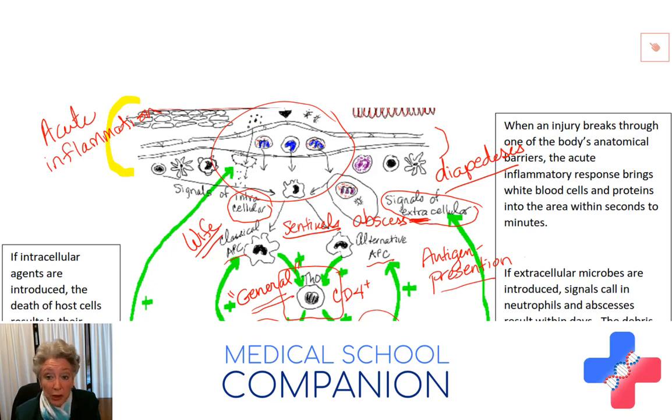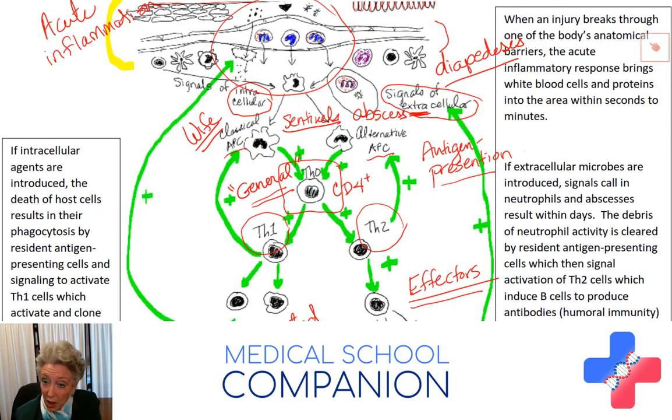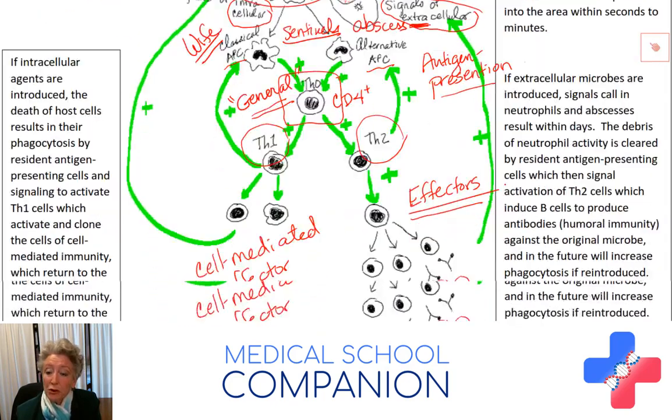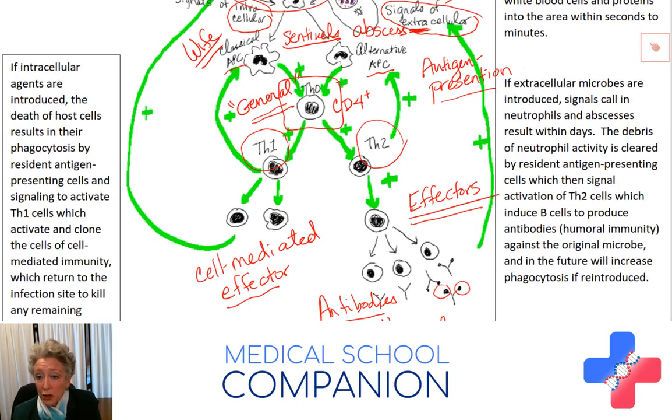My phagocytes will eat as much as they can, and those who are capable of antigen presentation will send the message downstream to a T helper cell, who then becomes the source of all of the marshaling of the soldiers and the sailors and so forth, who will then come into the area and attempt to do their best to clean that material out of your body, whether it was something like a bacterium, whether it was a virus, whether it was a malignantly transformed cell.